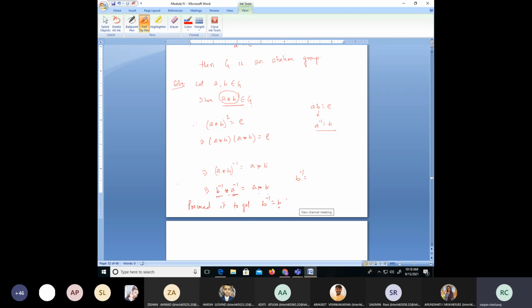So now come to the other problem, that is the coset. Before coming to the coset, we come to the cyclic group first, and then we have the quotient group also. So come to the cyclic group.